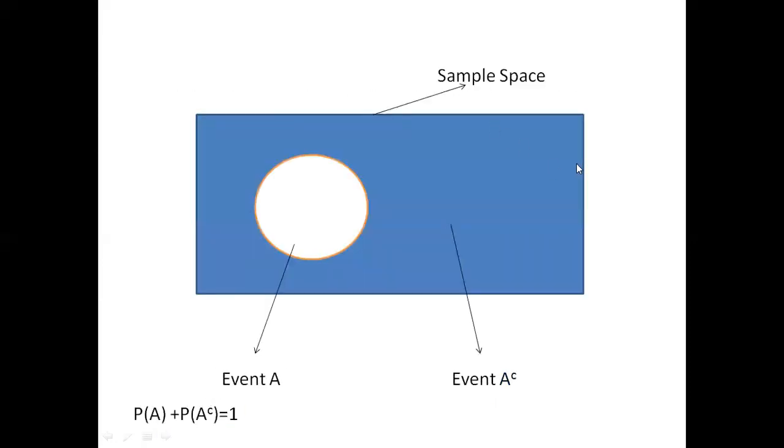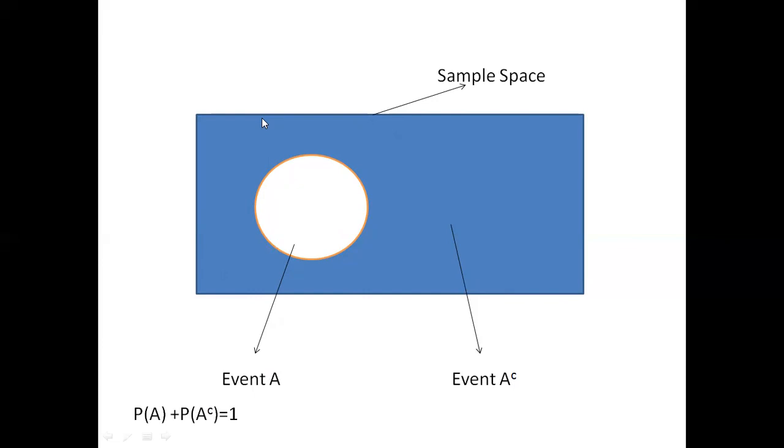Now, look, this is the sample space. The blue shaded area is the sample space. And this white circle is the event A. As I have mentioned, an event is a subset of sample space.